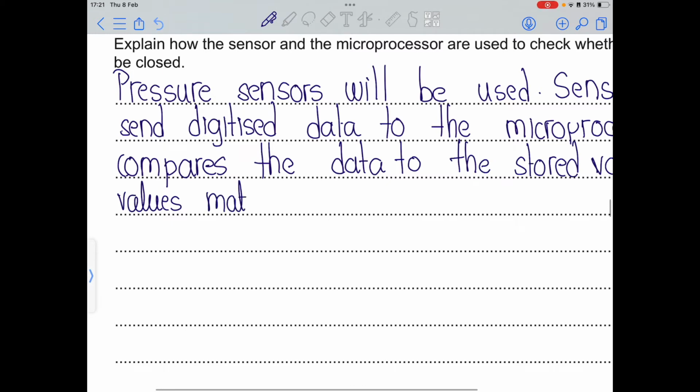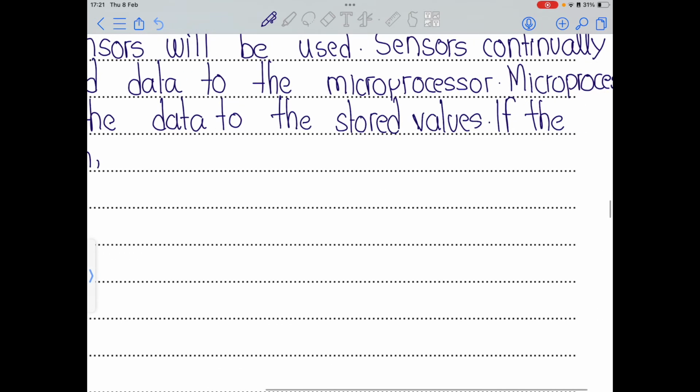Now here you have flexibility, since there are no specific values which have been told to you. You can say that if the values are out of range, if the values match, if the values don't match. So I'm writing if the values match.